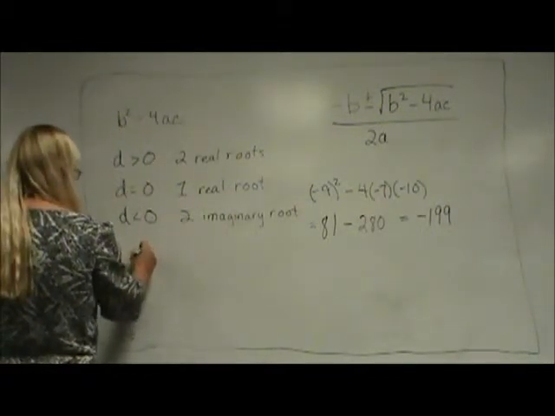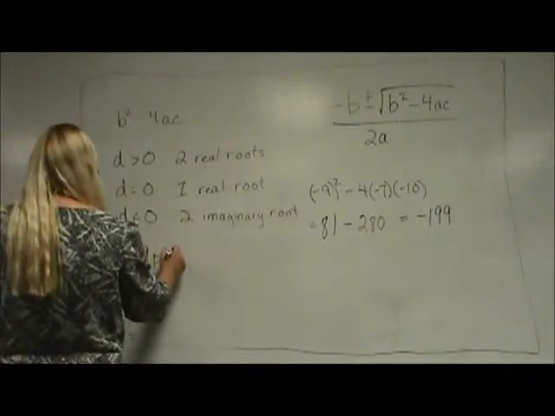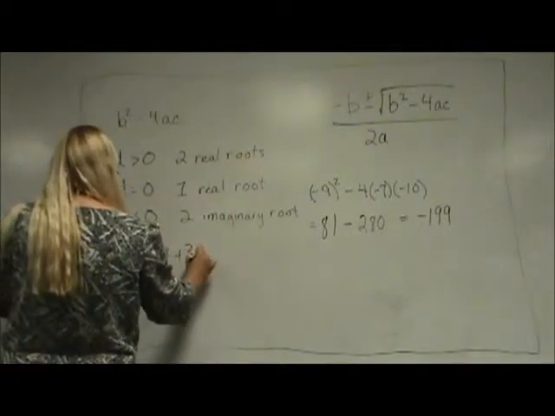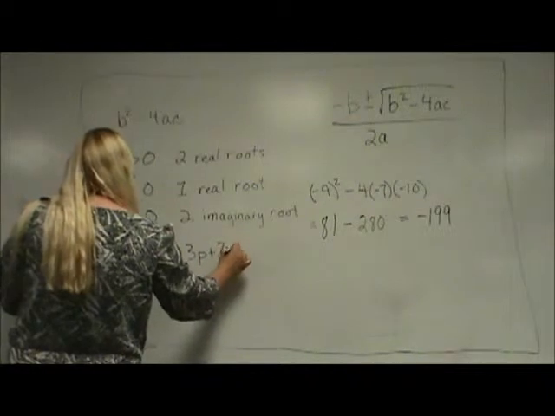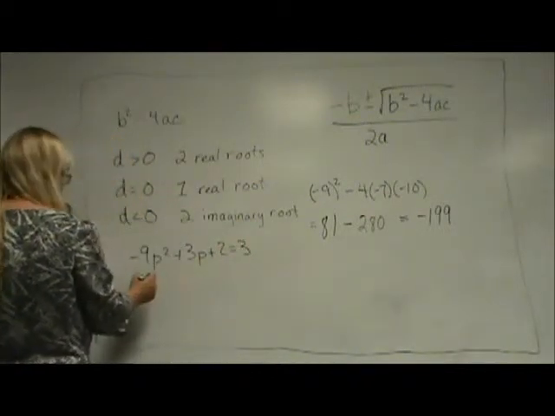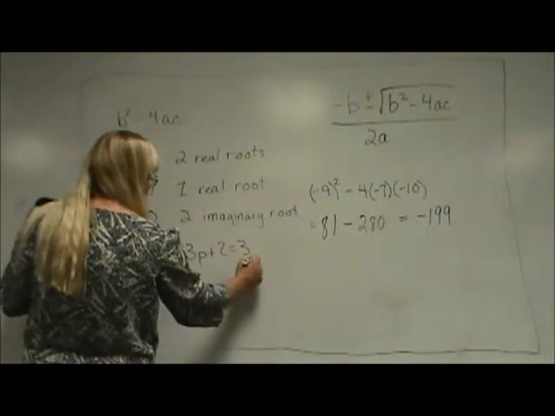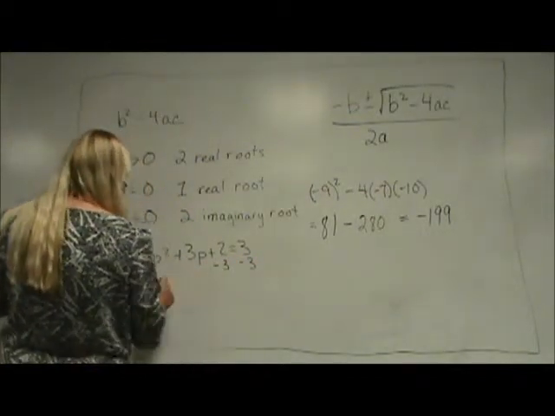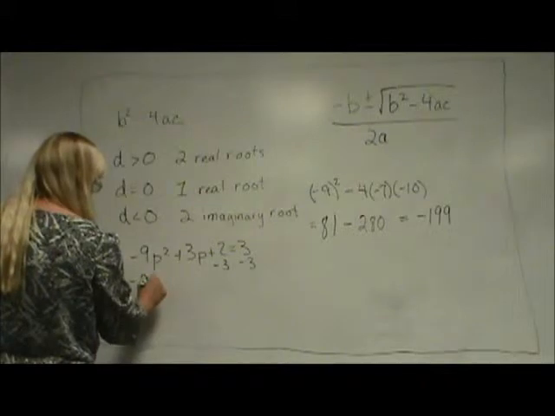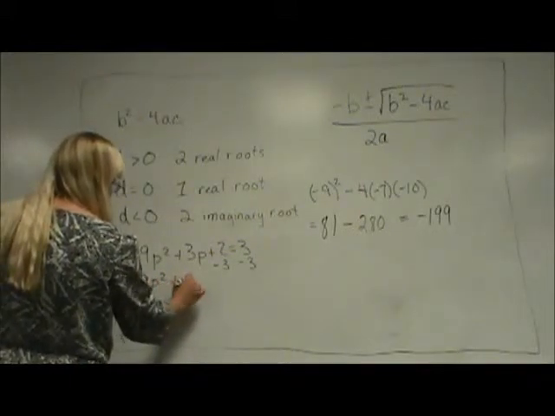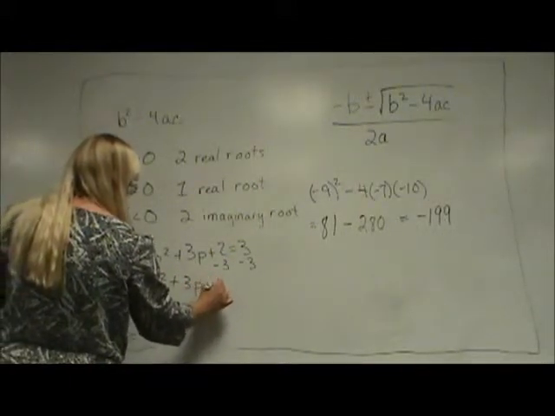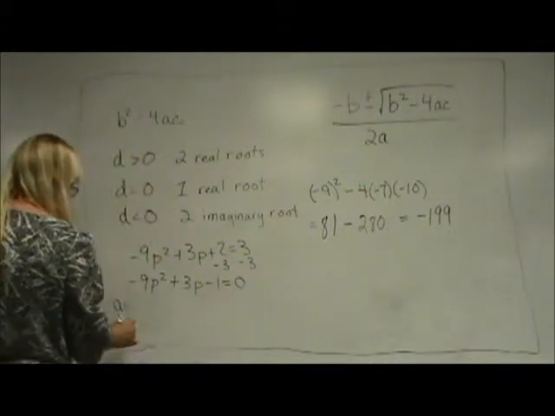The next one is negative 9p squared plus 3p plus 2 equals 3. I need to put it in standard form, so I need to subtract 3. So I have negative 9p squared plus 3p minus 1 equals 0.